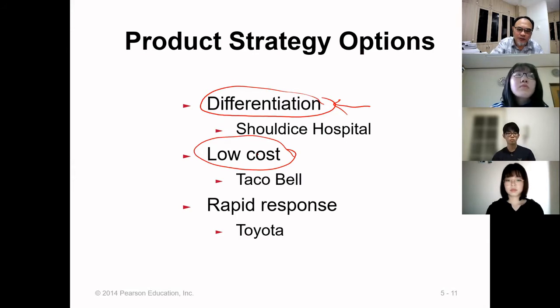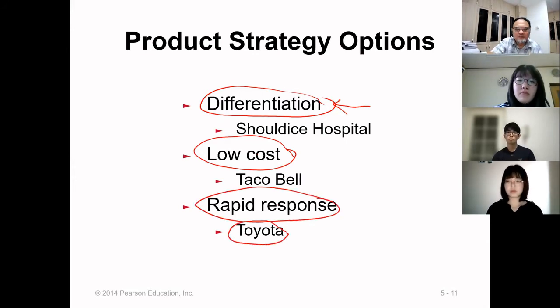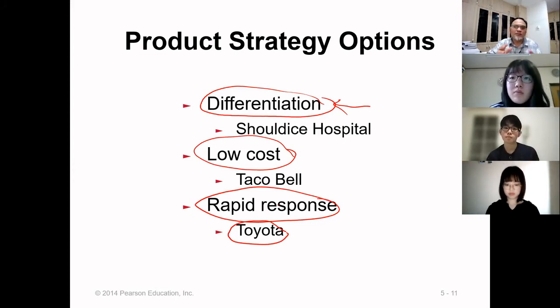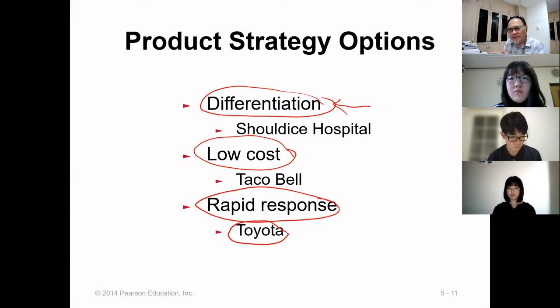Or rapid response. Okay, Toyota's strategy is rapid response. So a different product strategy is required. If you are rapid response, for example Toyota, when you manufacture, you think about operations. So the operations must be efficient.